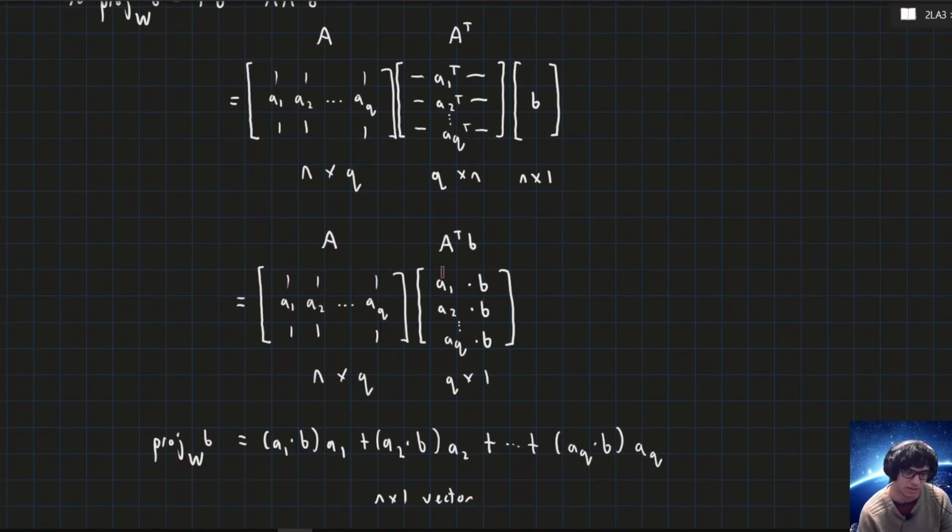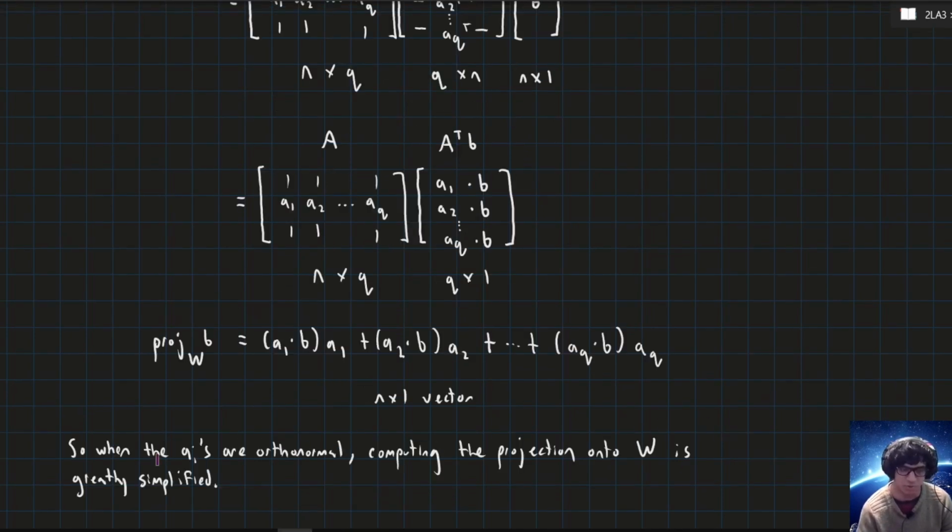We take A1 dot B, which is just a number, many copies of A1, we take A2 dot B, many copies of A2, and so on. And then when we sum it up, it's going to be an n by 1 vector.